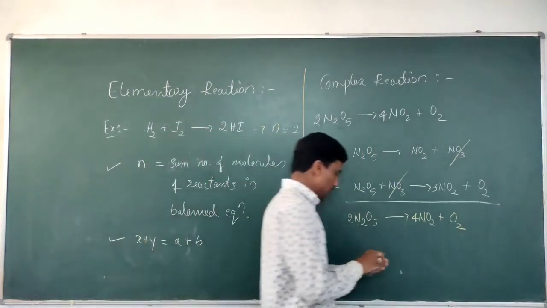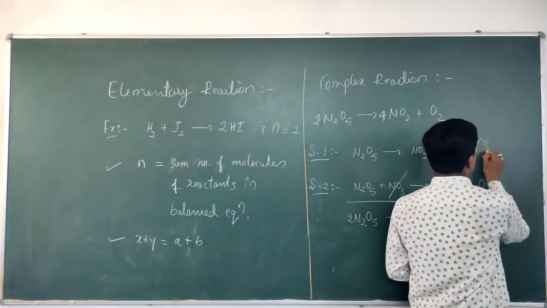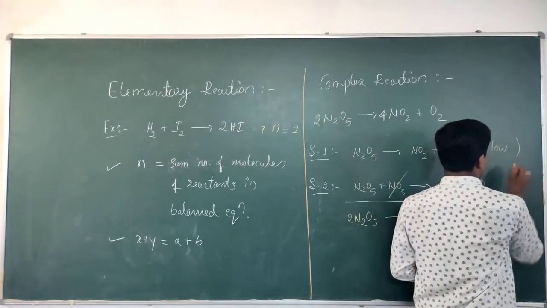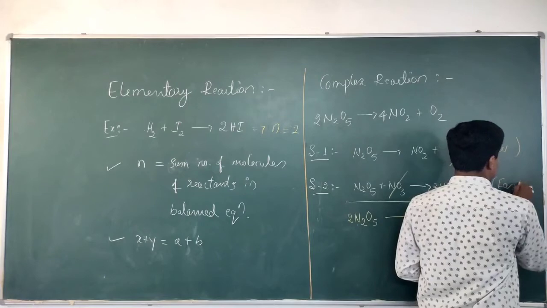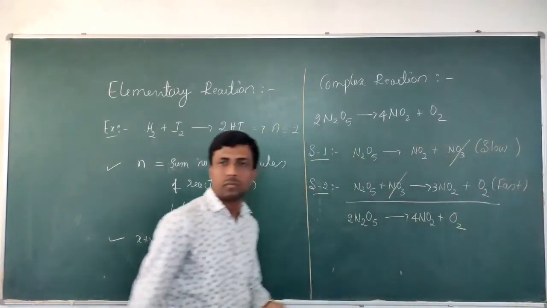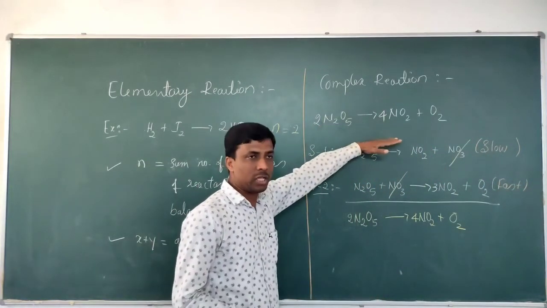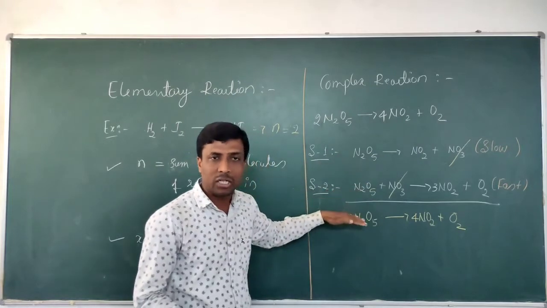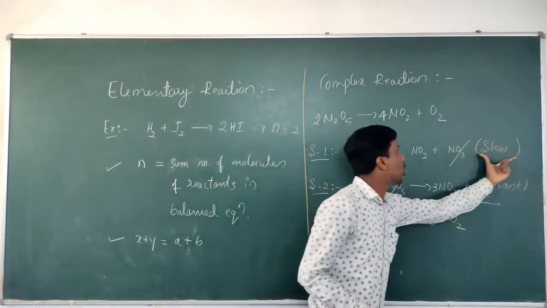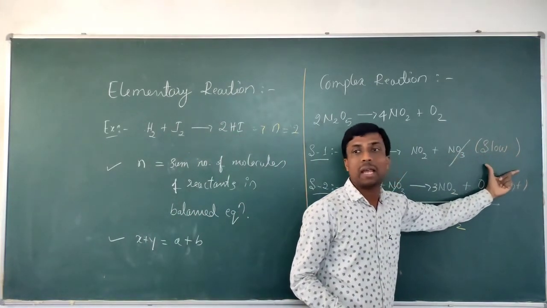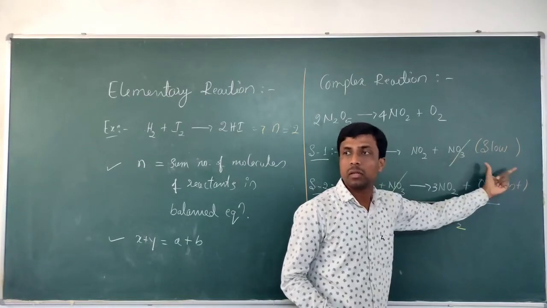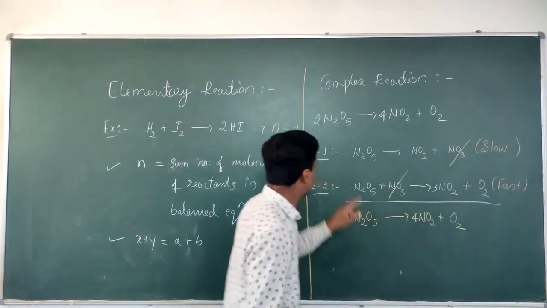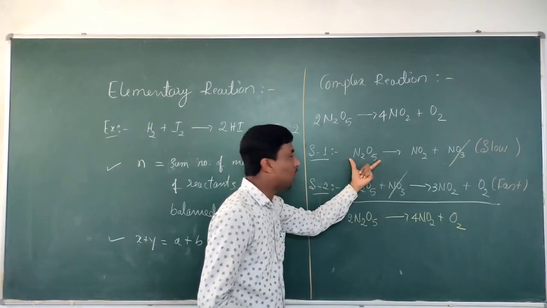Okay, here it is the slow step, it is the fast step. In complex reactions, the order of the reaction depends upon the slower step of the mechanism. See here, in the slower step only one N2O5 molecule is there.